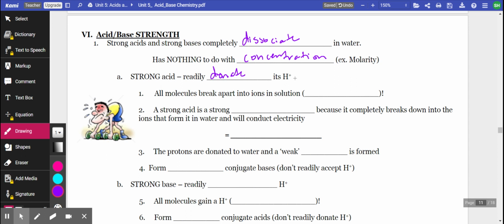their protons. Okay, so with a strong acid, all of the acid molecules are going to break apart into ions in solution, which means that they are going to dissociate completely.